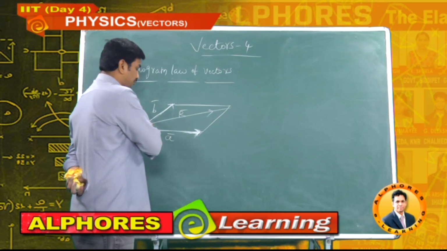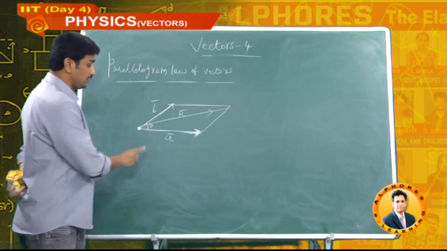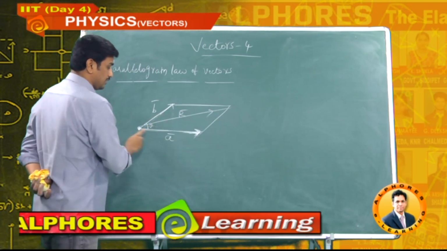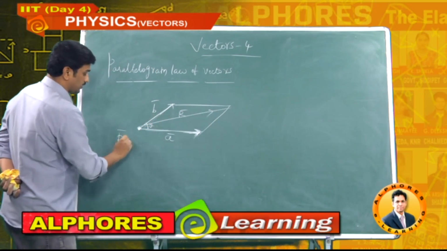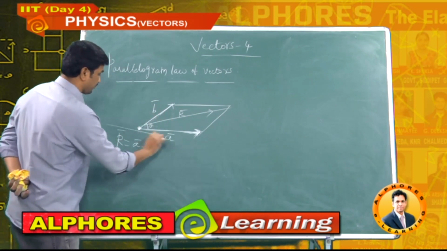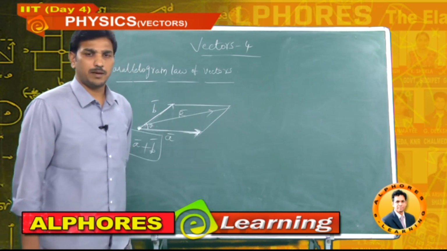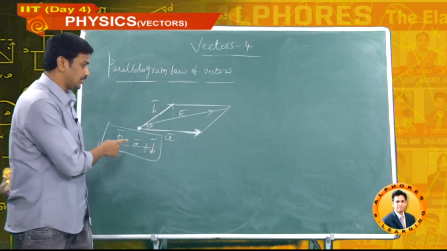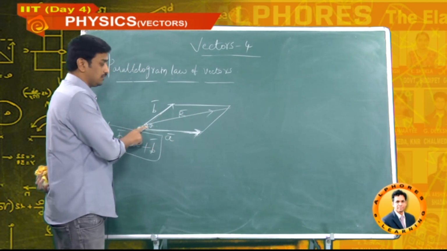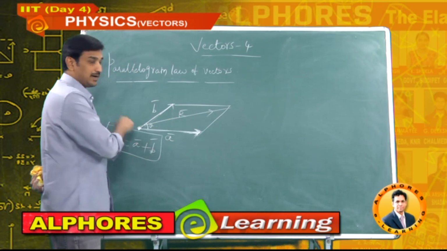Now the resultant of A bar and B bar is the diagonal of the parallelogram. A bar, B bar, the resultant is R bar. Now R bar is equal to A bar plus B bar. The statement is too important for us. A bar, B bar are two sides of the parallelogram and they have an angular separation of theta. Now the resultant is the diagonal, that is A bar plus B bar.